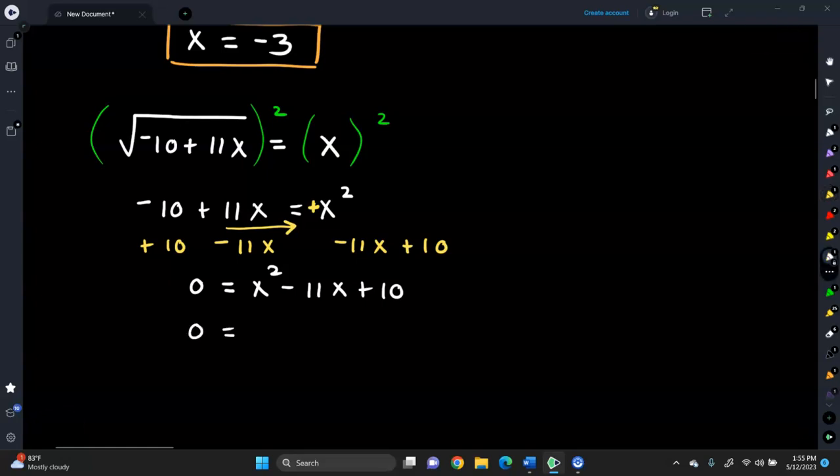So we have 0 equals, now I'm looking for two numbers that multiply to positive 10, but add to negative 11. So that's going to be x minus 10, x minus 1.